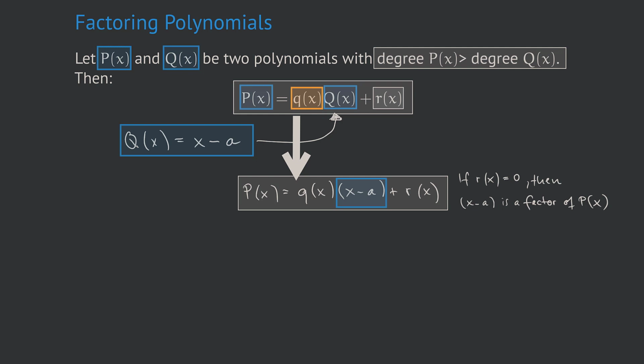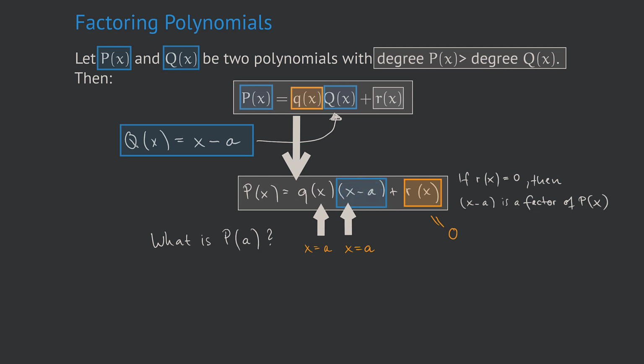Let's suppose for a moment that this is the case. That means that r of x is 0 and that x minus a is a factor of p of x. What happens in this case if we plug in the value x equals a into p of x? That means if we calculate p of a. We can evaluate this by plugging in x equals a for all x's on the right-hand side of the equation. Now, if we do that and look at the linear term x minus a, well, x gets replaced by a, which is why we will have a minus a, which is 0.